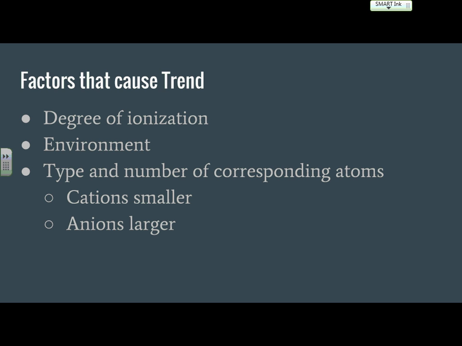Some things are going to be losing one electron, two electrons, three electrons, or gaining, vice versa. So that might cause a difference in the actual size of the ion because it's a multi-electron loss system. So the ionic radius is very inconsistent.